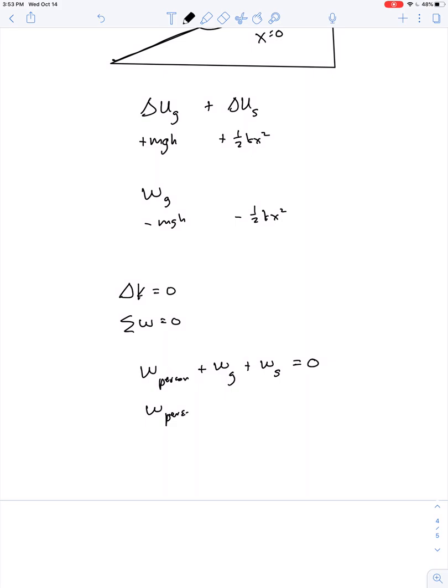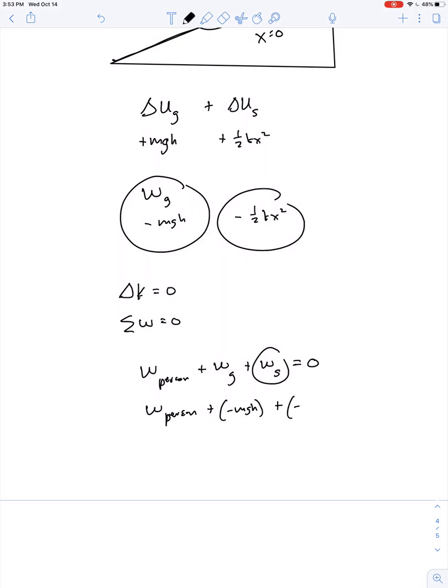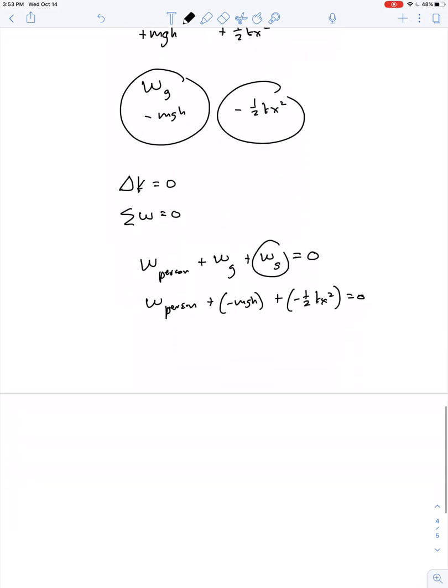So the work done by the person plus negative mgh plus negative 1/2 kx squared has to equal 0.